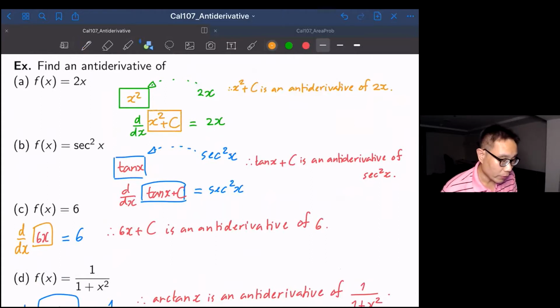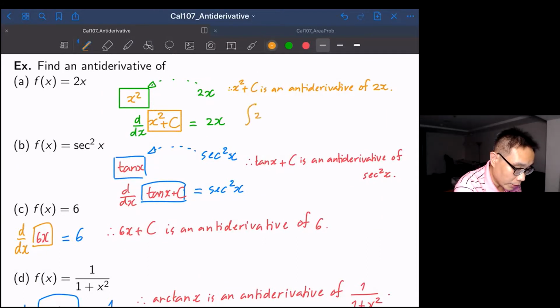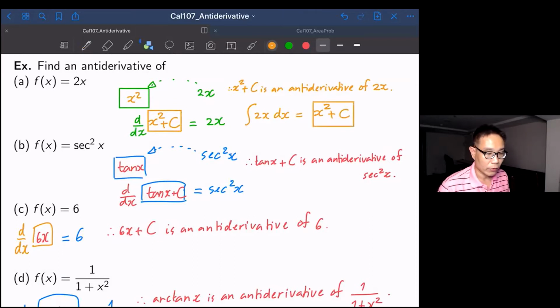When you differentiate x squared plus c, you get 2x. So in terms of integral, you may just write the integral of 2x dx equal to x squared plus c. So you see that your box is on the other side, so the capital F is on the right side.